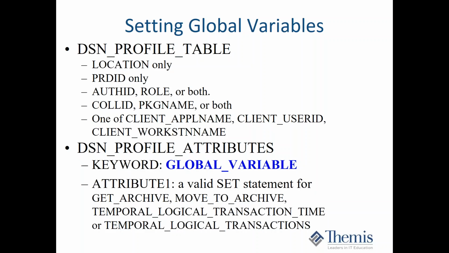Also, don't forget, added now in version 12 are the temporal logical transaction times and temporal logical transactions, where that unused system temporal table column, that transaction, is now used.